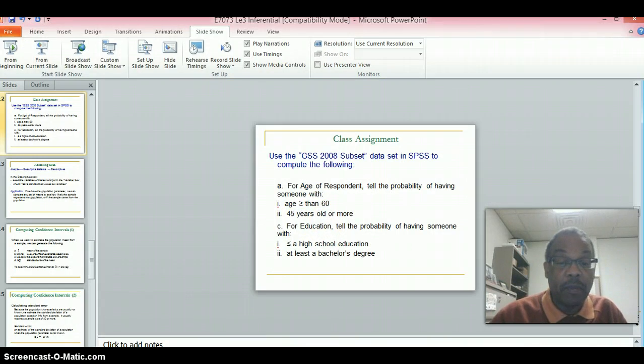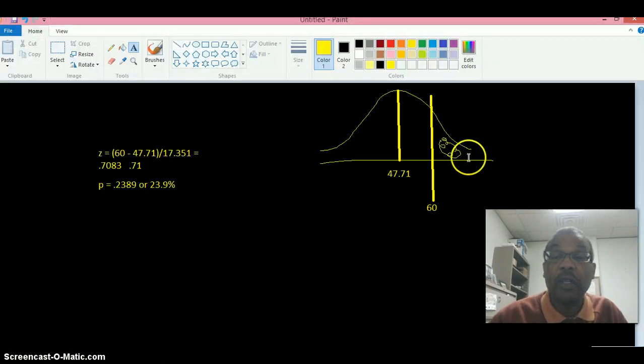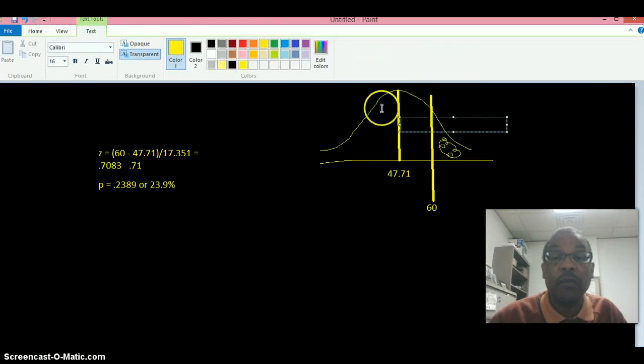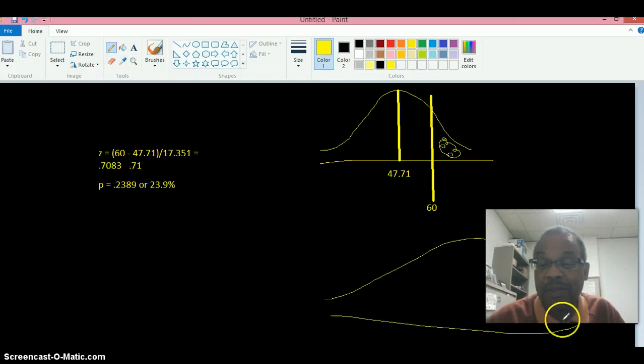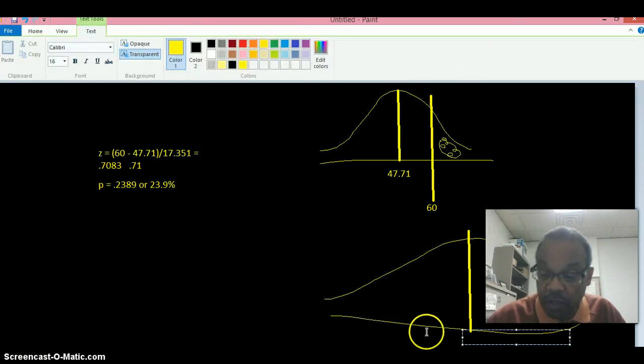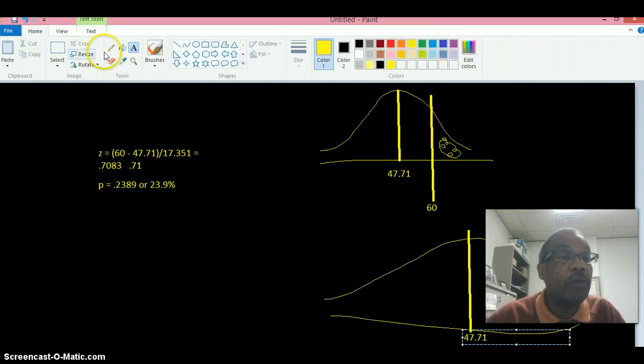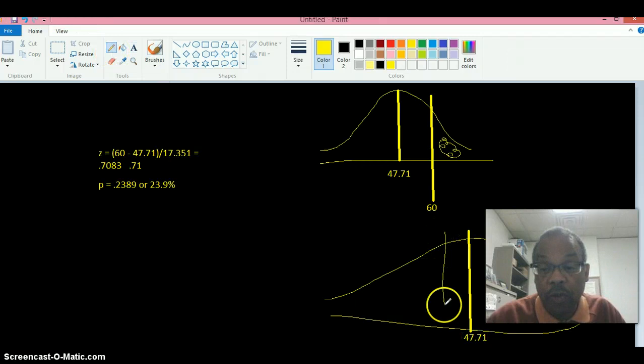This one might be a little trickier, but let's figure it out. I'll just draw a new normal curve here. This doesn't look very good, but hey. So this is 47.71, and at this time we're looking for 45, which would be over here somewhere.